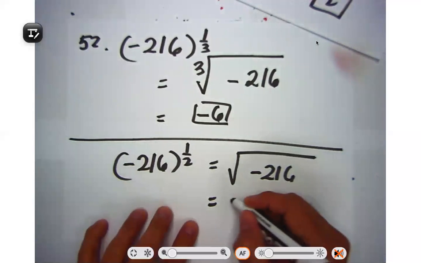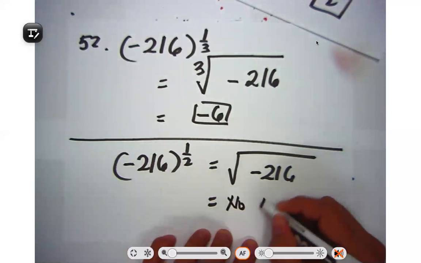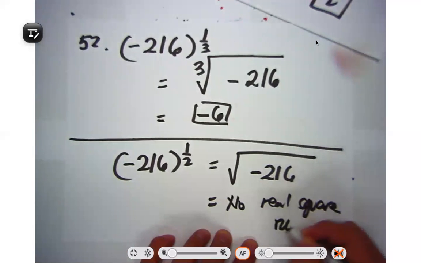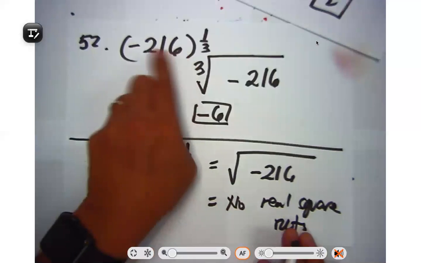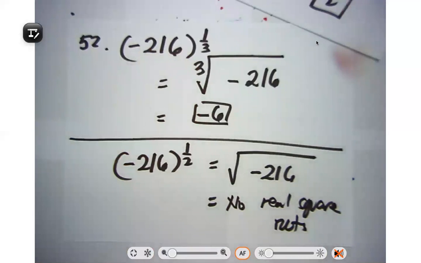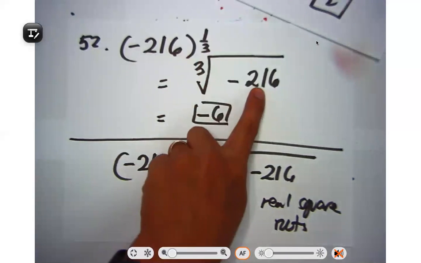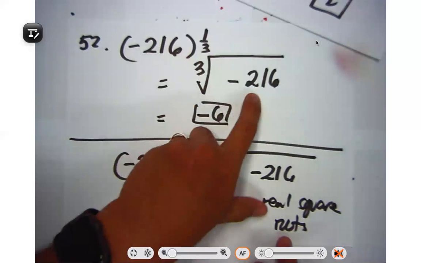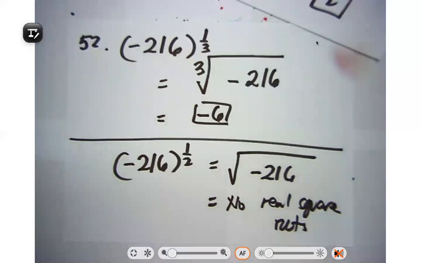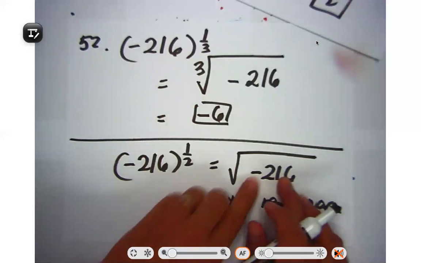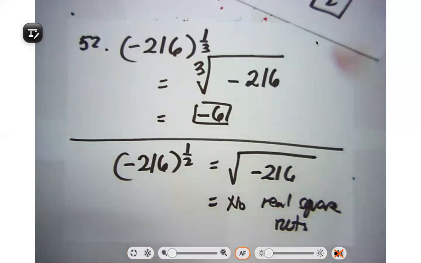So you would say here, no real square root. But if it's a cube root, we do have, right? There's a different case for cube root and square root. For cube root, yes, even if it's negative or positive, you get real roots. But for square roots, if the radical is negative, no real square roots.